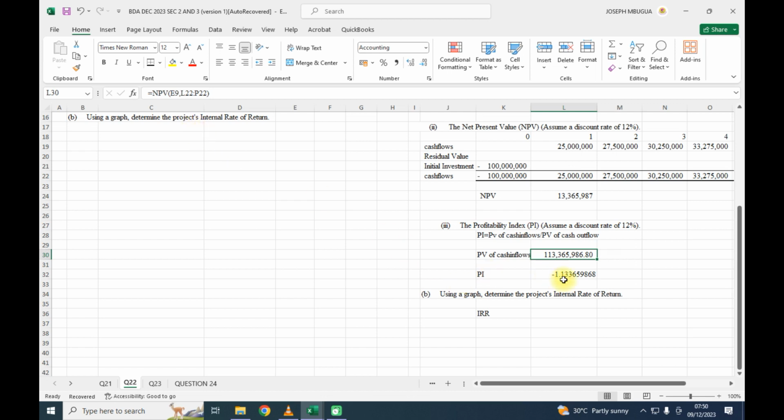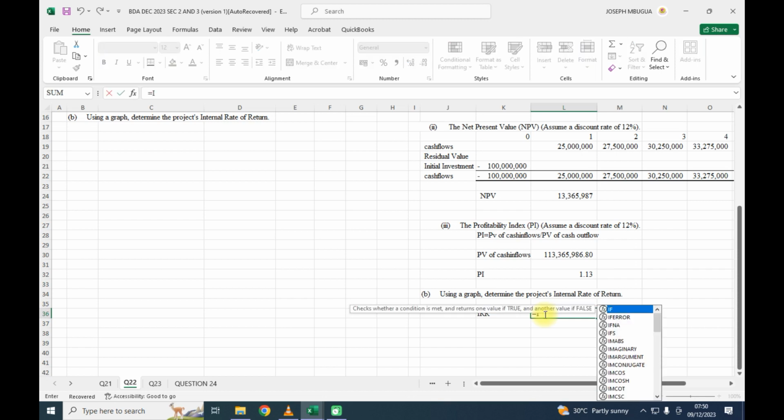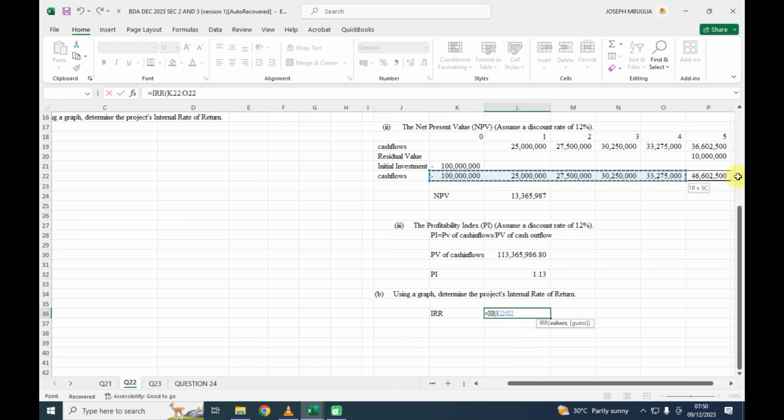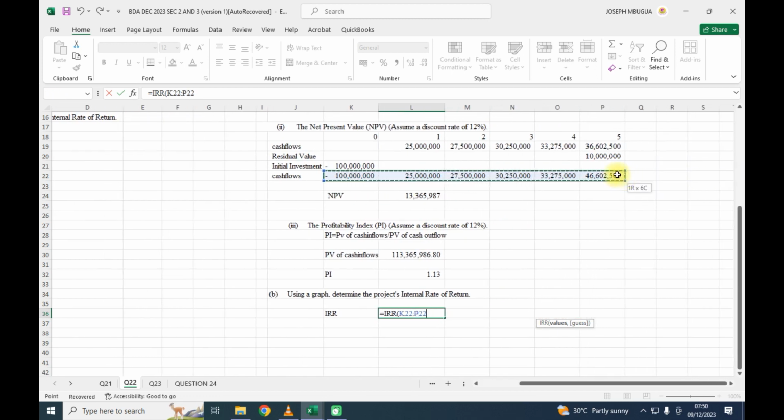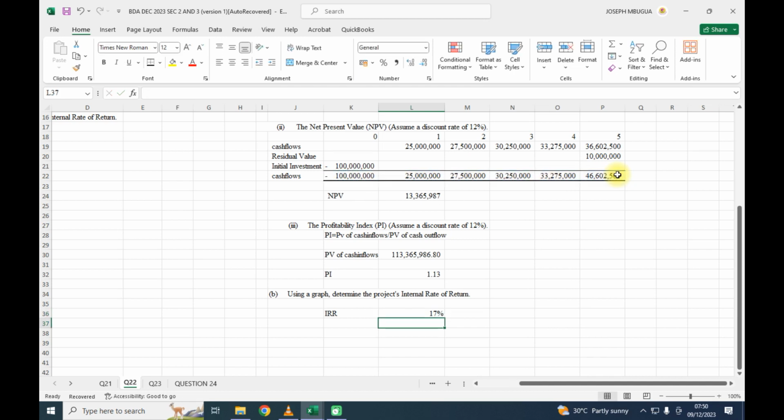Here we shall divide by a negative, so that it turns out to be a positive. So here it will be IRR. I tab, I take the values. IRR uses all the values that we have, and I enter.